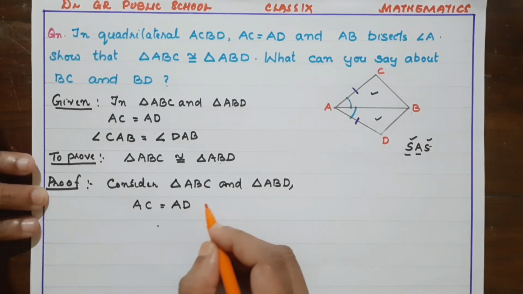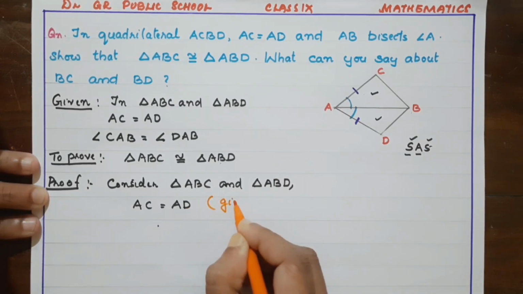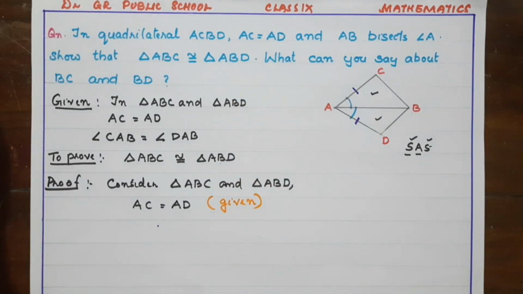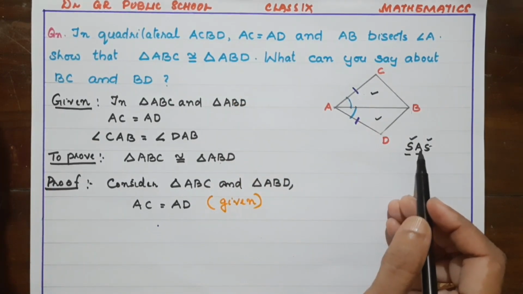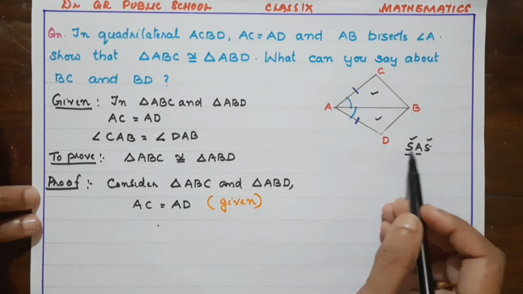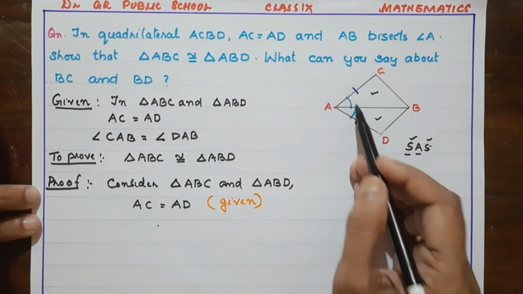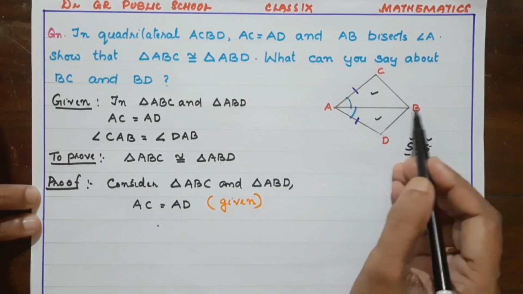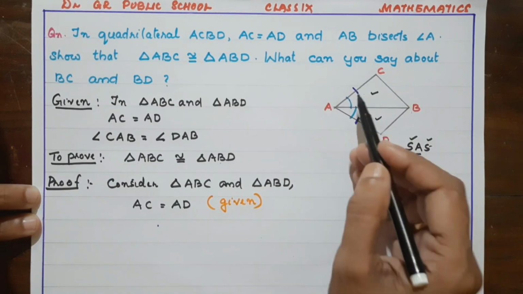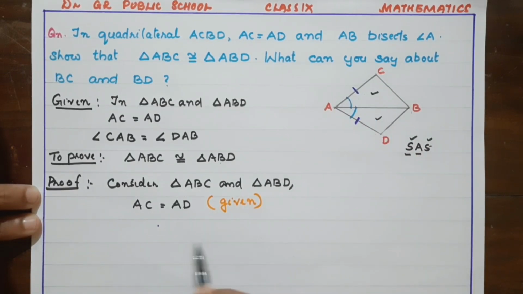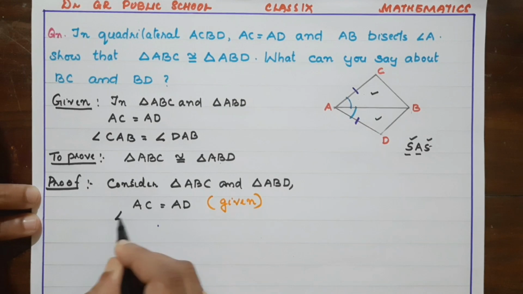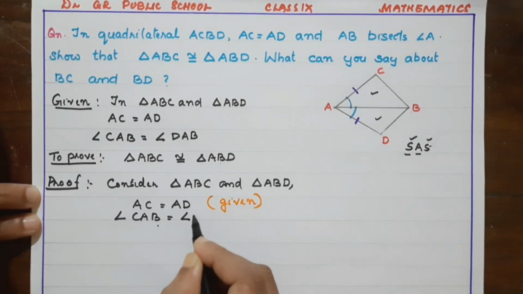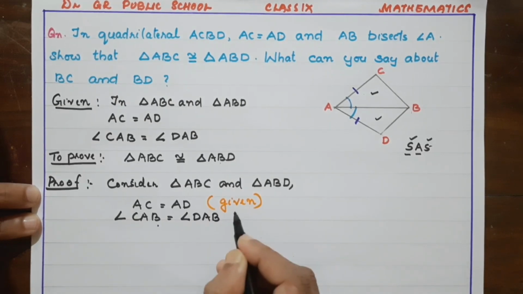It is given. It is already given in the question. Then the second one, the included angle. It is given in the question itself. Since AB bisects angle A, these two angles are equal. So that also we can write: angle CAB is equal to angle DAB. What is the reason?